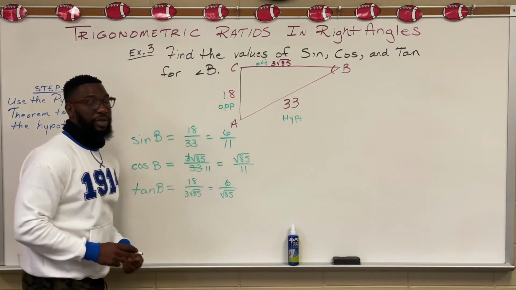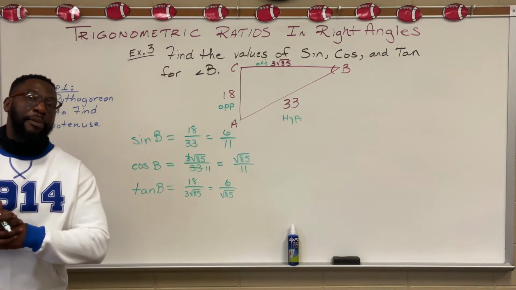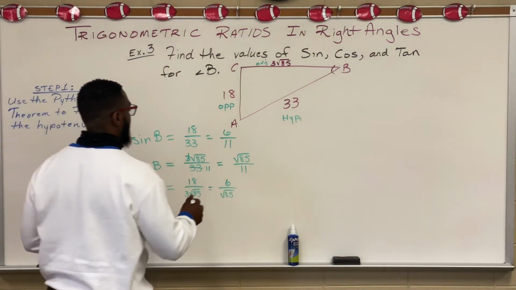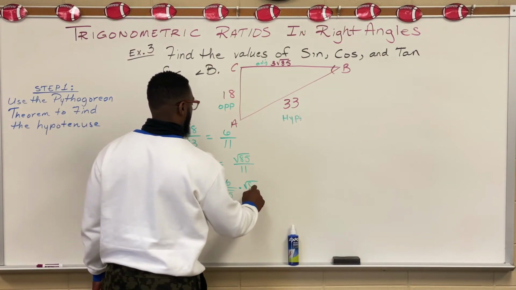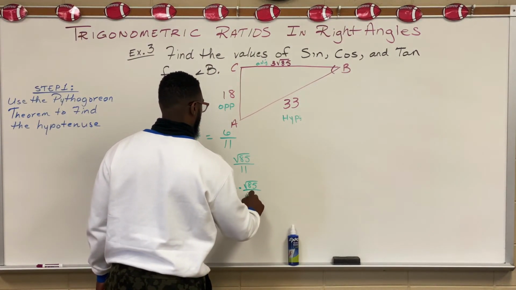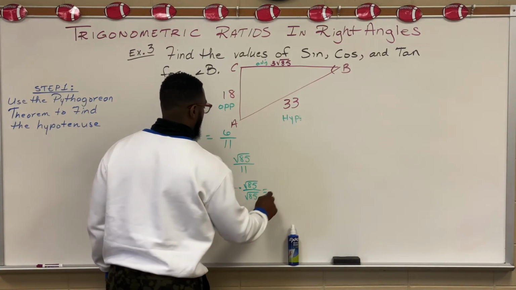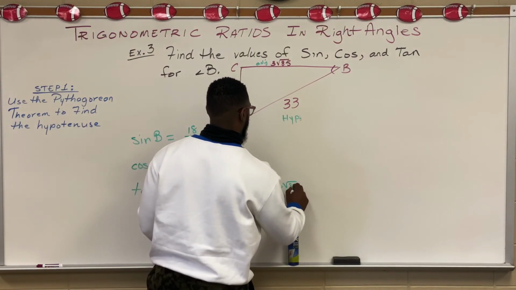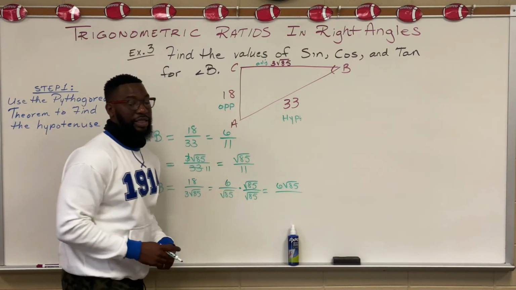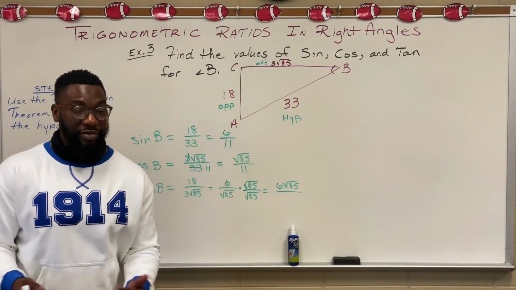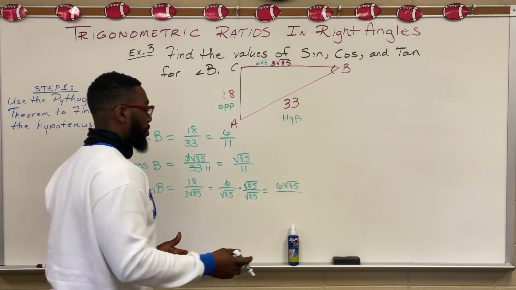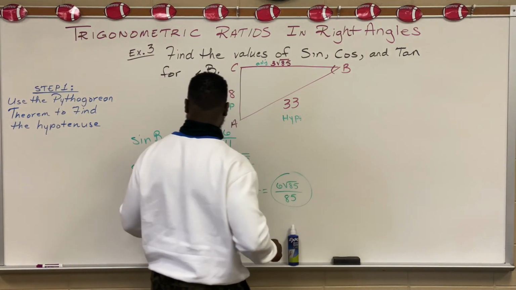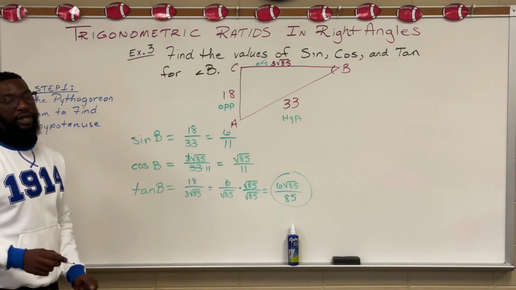So we're left with 6 over the square root of 85. We can't leave that radical in the denominator, so we have to rationalize it by multiplying it by itself. That leaves 6 times the square root of 85 is 6 square root of 85. The square root of 85 times the square root of 85 is whatever's under the radical, which is 85. The tan of B is 6 square root of 85 over 85.